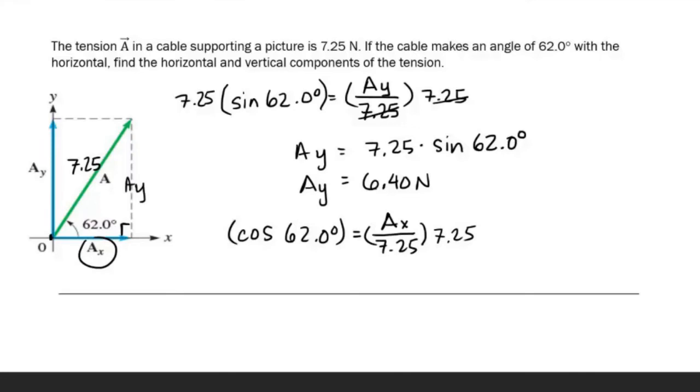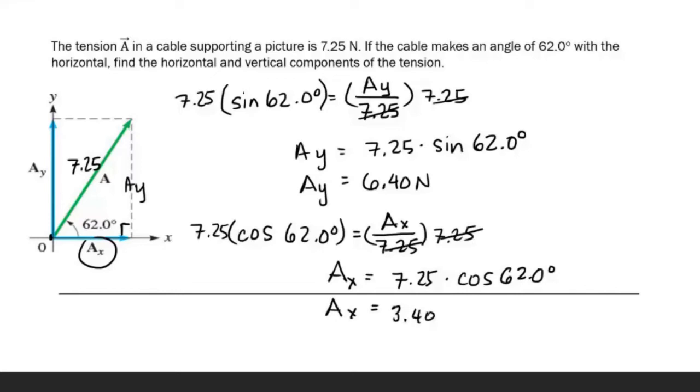Multiplying both sides by 7.25 allows us to solve for it. So A_x is equal to 7.25, the magnitude of the vector, times the cosine of its angle, the cosine of 62.0 degrees. Plugging that into our calculators, we find that the x component of the vector is 3.40 newtons.